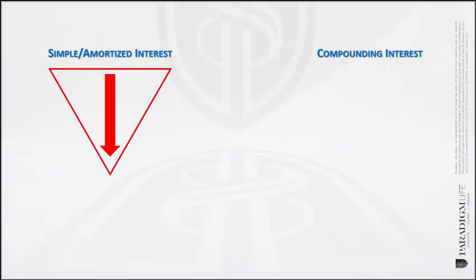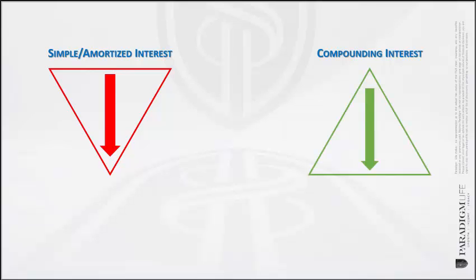So compounding interest is almost exactly the opposite. If we have a balance and we earn interest on it, that interest rolls back in and is added to the original savings balance, and then we earn interest on that interest. So with compounding interest, as time goes on, the balance gets bigger and bigger and bigger.